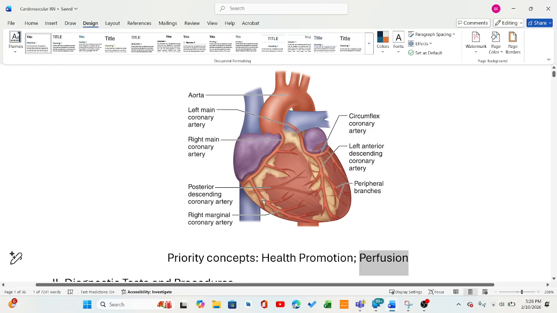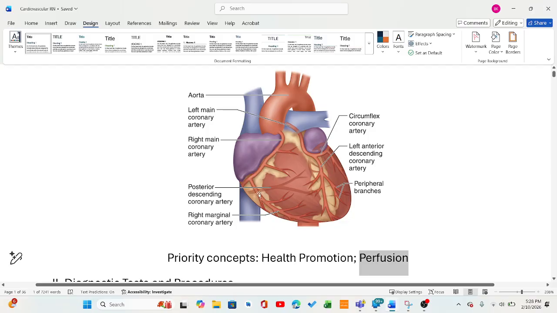So when you talk of coronary artery disease, it refers to the coronary arteries. It means we have problems with these arteries. We'll talk about that. But the major coronary artery disease you're going to be talking about, as far as NCLEX is concerned, is the building up of cholesterol in any of these coronary arteries.